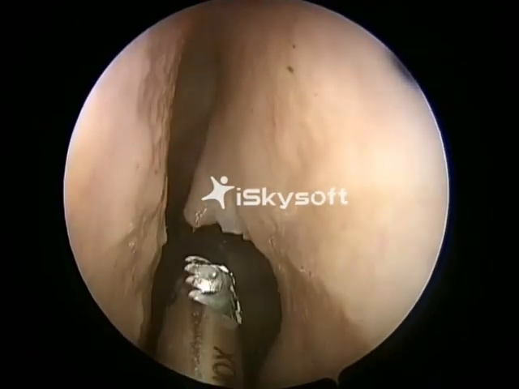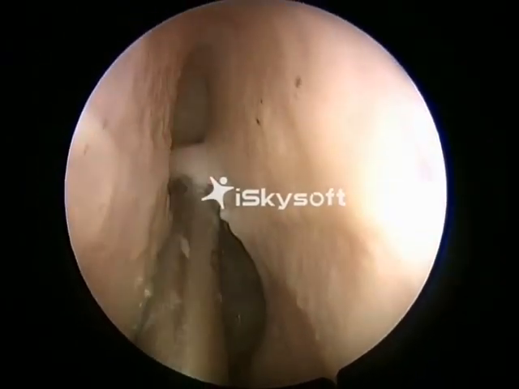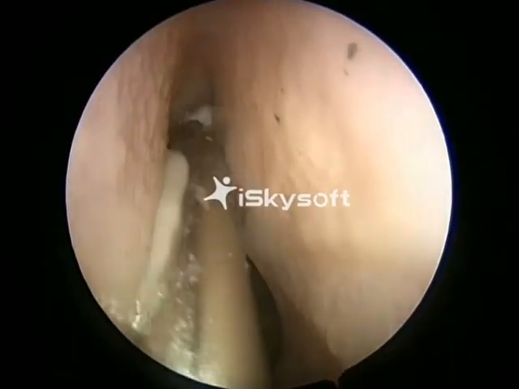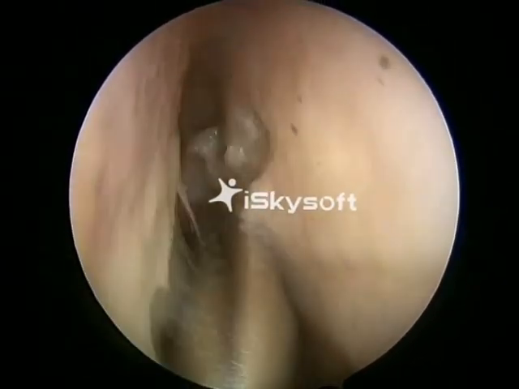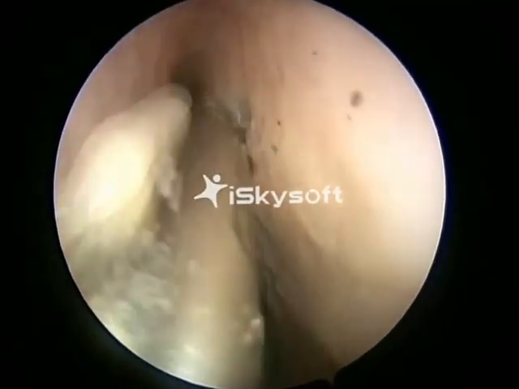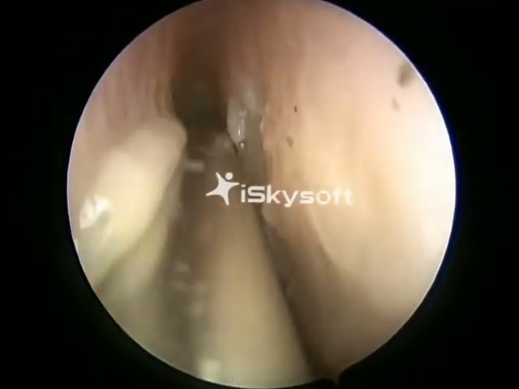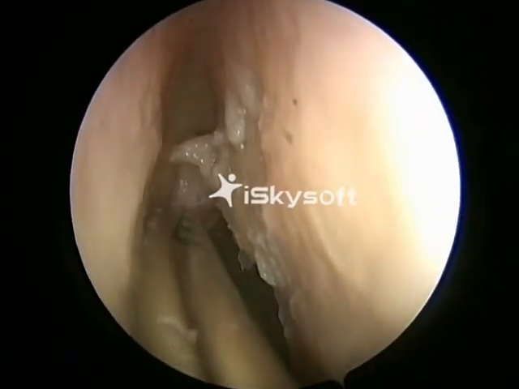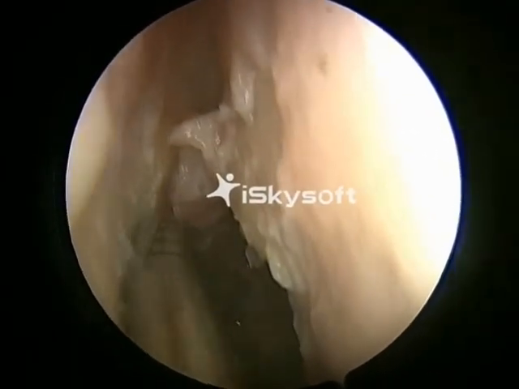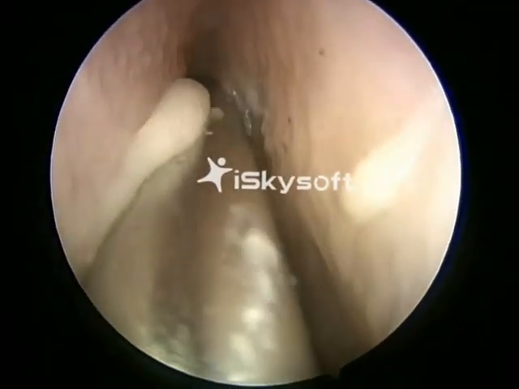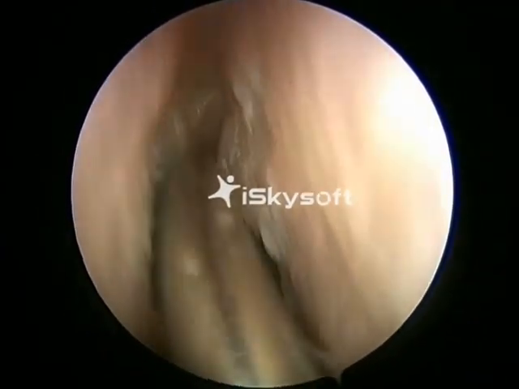The next step in Draf 3, the median drainage, would be debriding away the mucosa anterior to the middle turbinate on its lateral wall, and also debriding the mucosa over the septum as well. The same procedure is done on the other side.